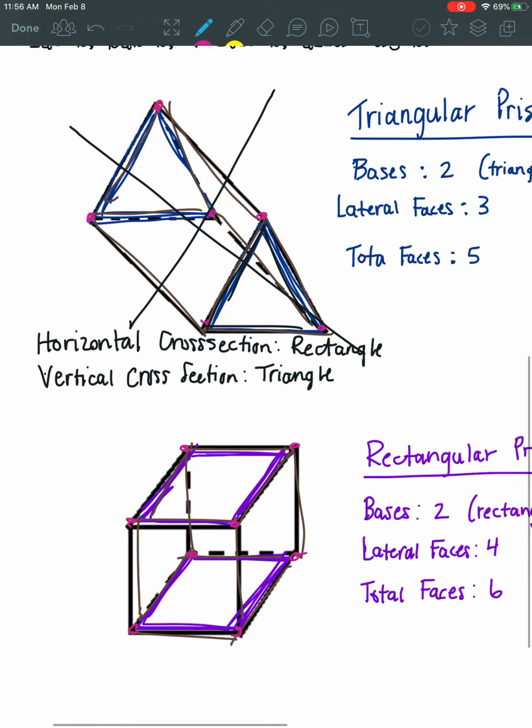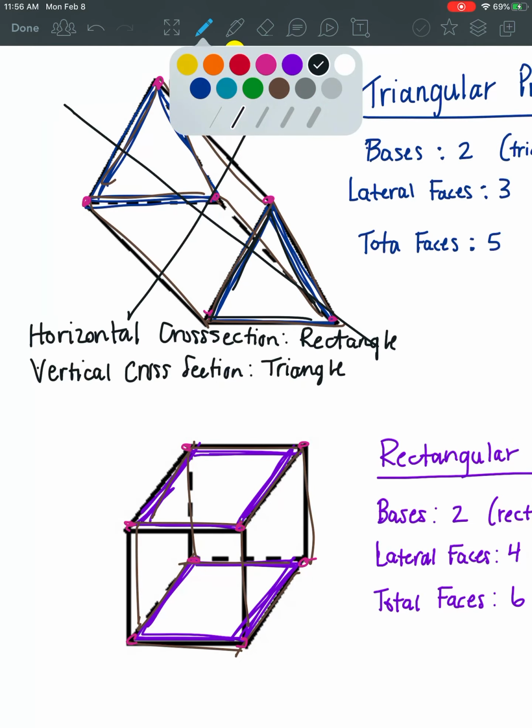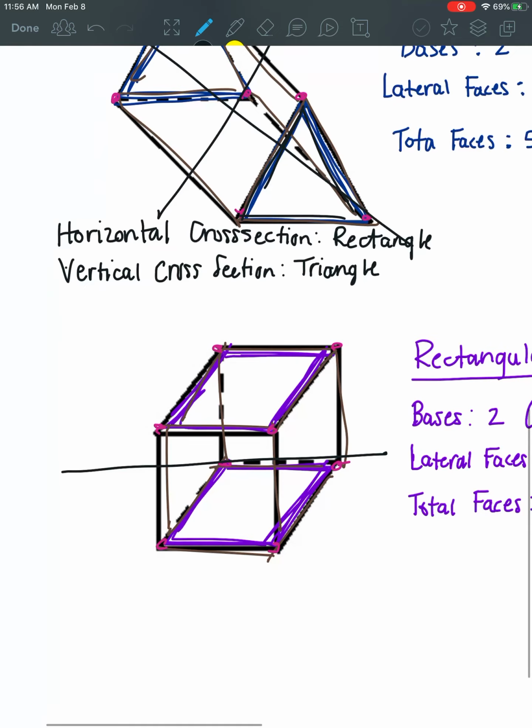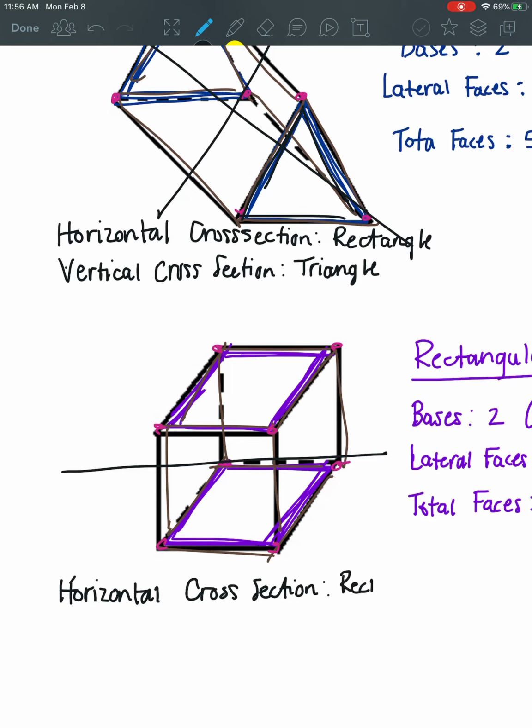Okay, again, let's think about cutting this shape, doing a cross section. So if we cut it horizontally, what is going to be shown? So a horizontal cross section, well, the parallel side would be either the top or the bottom, the bases, so we'd be showing a rectangle.